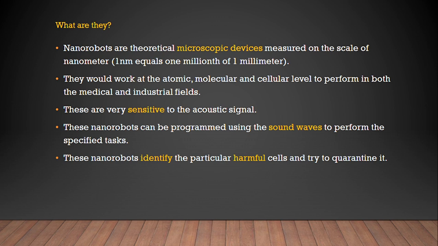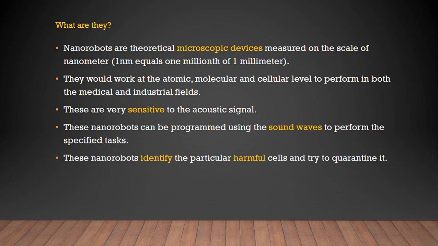They will work at the atomic, molecular, and cellular level to perform in both the medical and industrial fields. These are very sensitive to acoustic signals. These nanorobots can be programmed using sound waves to perform the specified tasks.